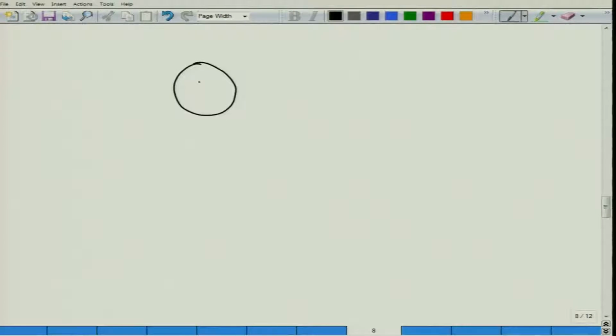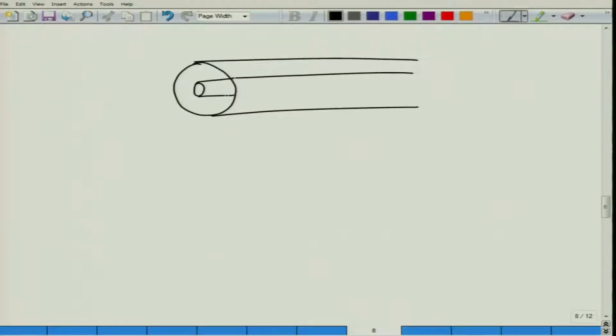Remember, parallel plates can also be used as a transmission line, or their cousins, parallel wires. Now we are considering another transmission line which we call a coaxial transmission line, which we have already discussed. In the coaxial line, you have an inner conductor of diameter 2a and an outer conductor of diameter 2b.